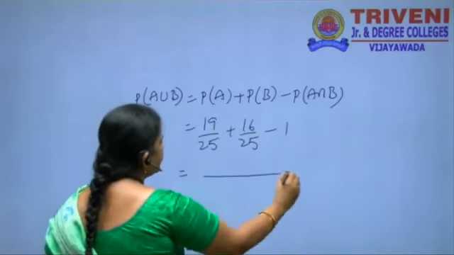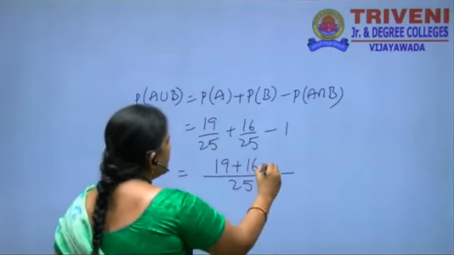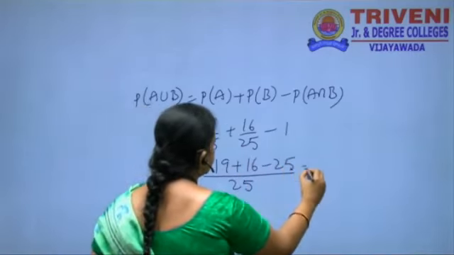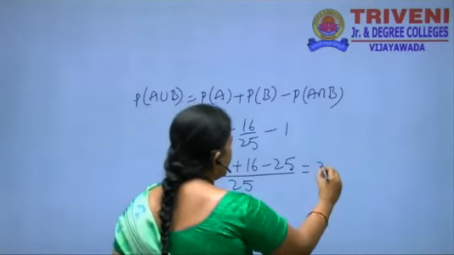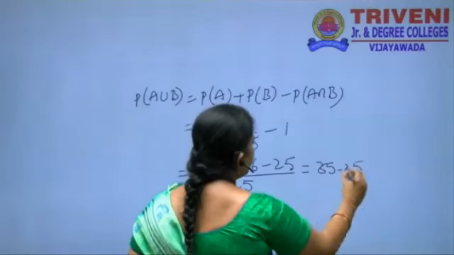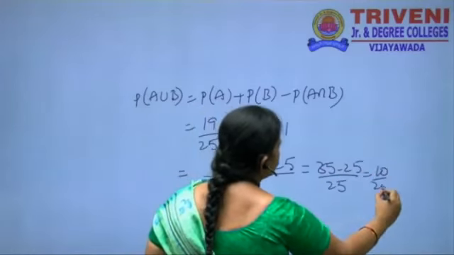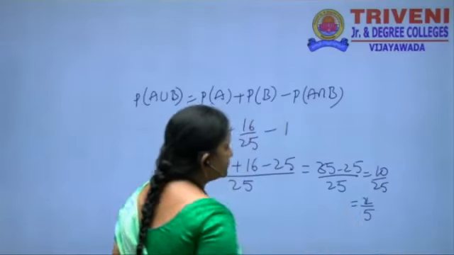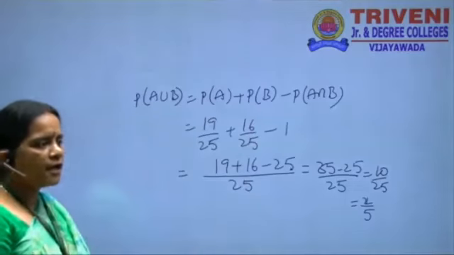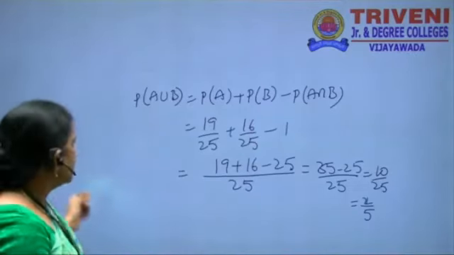Here take the LCM, which is 25. 19 plus 16 minus 25, that is 35 minus 25 by 25, equal to 10 by 25. Then cancelling with 5, we get 2 by 5. Then the probability is 2 by 5. Okay.